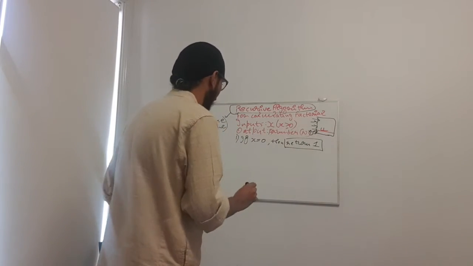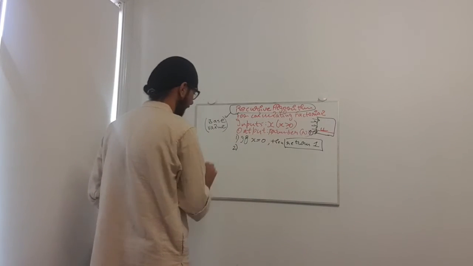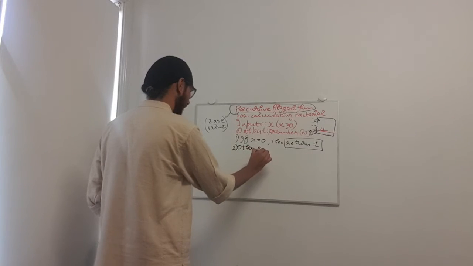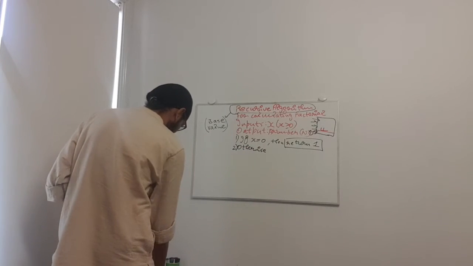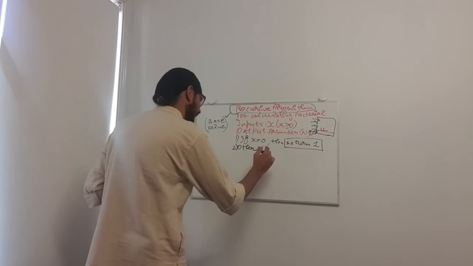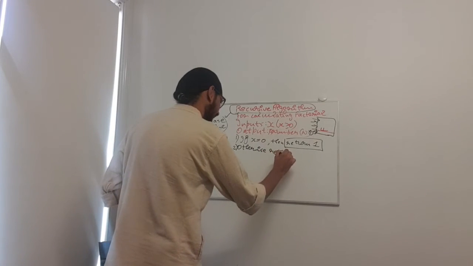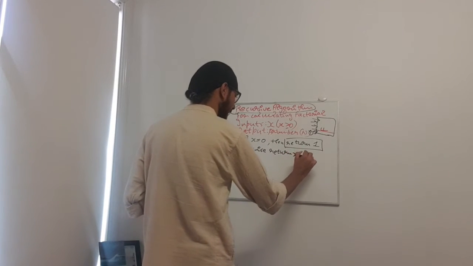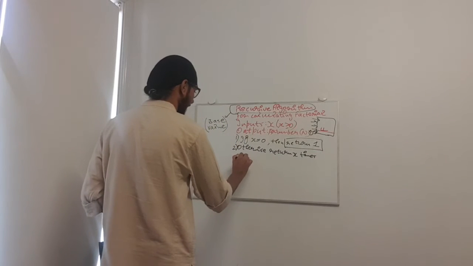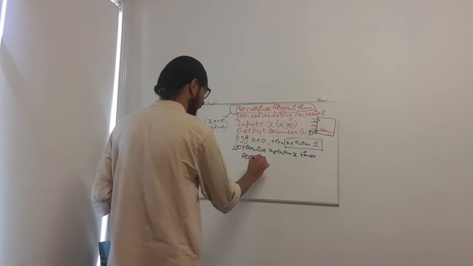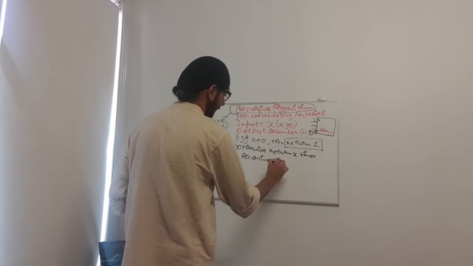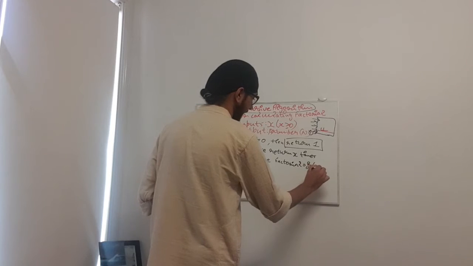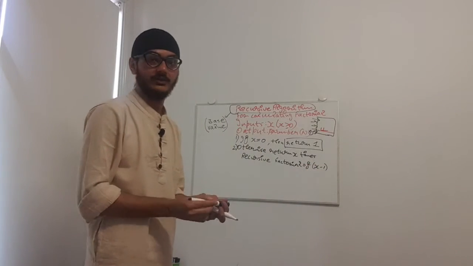Okay, now if it's not equal to 0, otherwise, what we will do is return x times the recursive factorial of x minus 1. So what does this mean?